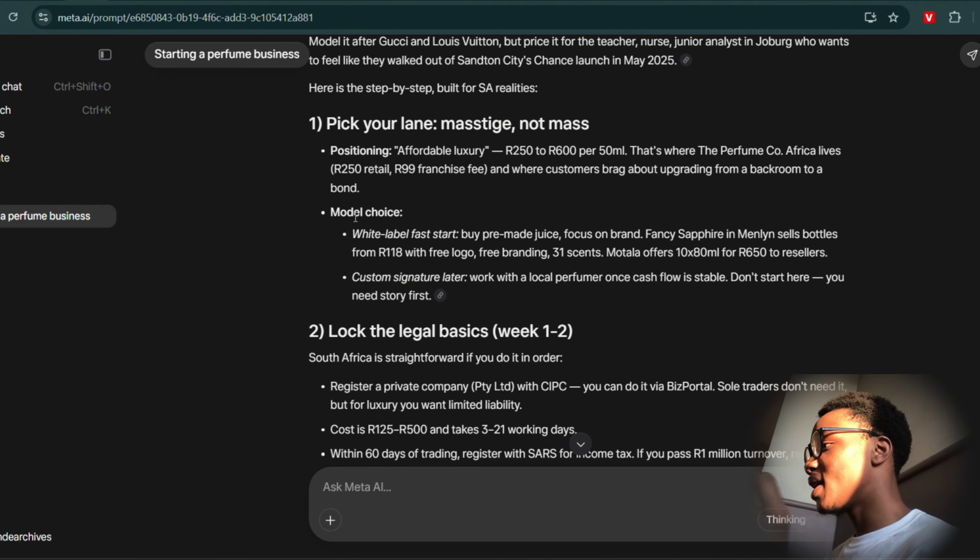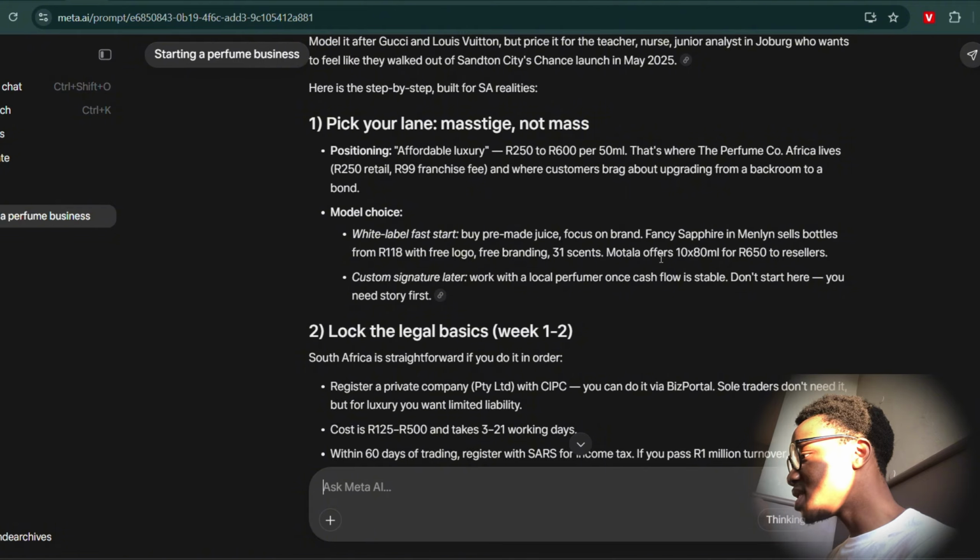Model choice: white label, fast start, buy pre-made juice, focus on brand. Fancy Sapphire in Meyerton sells bottles from 118 rand with free logo. Wait, it's literally giving me where I can get these things for 650 to resellers.